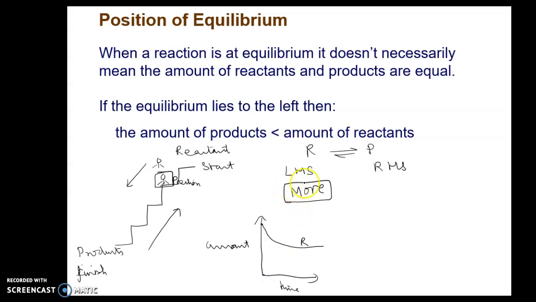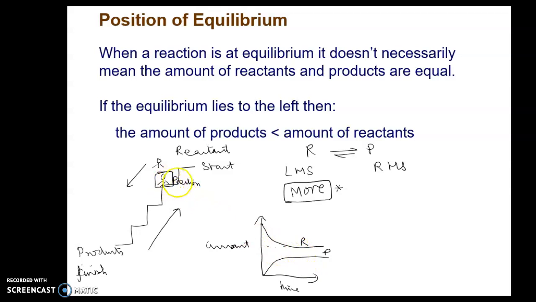As the reaction progresses, the amount of products increases, but remember you've got more reactants, therefore the amount of product would be below the amount of reactants. So I'll start from 0 and I'll go up, but I'm not going to cross the reactant line. The product line would be below the reactant. So that's where the products is.